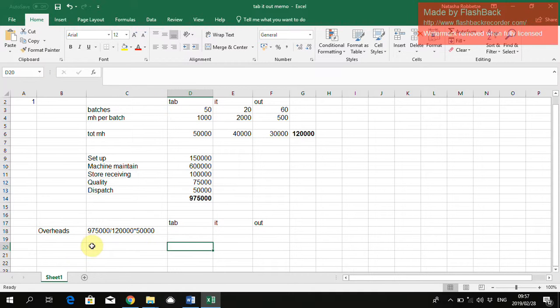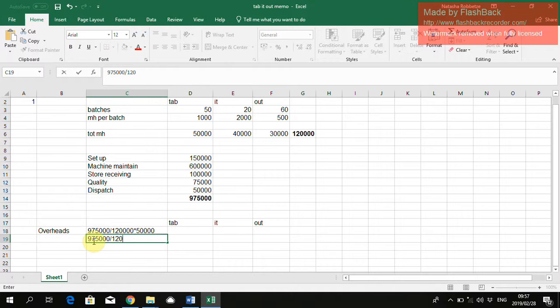For it, I'm going to start with the same calculation, but I am going to times it by the 40,000 hours. And then for out, I'm also going to say the 975, but I'm going to divide it again by the 120, but times it by 30,000.